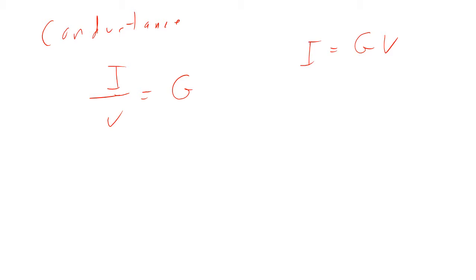We use G for conductance because we're using C for other things. So what would be the unit of that? Well, obviously, the unit is 1 over ohms, and officially, that is a Siemens. So the unit right here is a capital S.